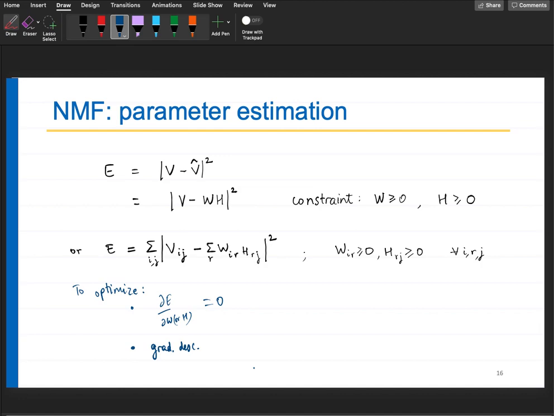Can you apply non-negative constraints somehow here? How? Yes, whenever anything becomes negative, just clip it to 0. Right? Just clip it to 0. That is it.